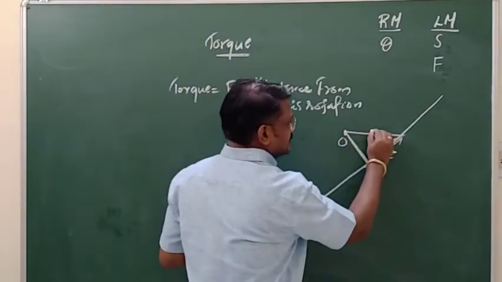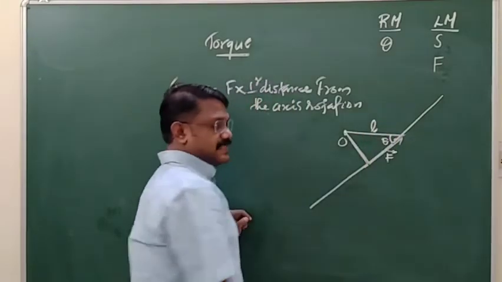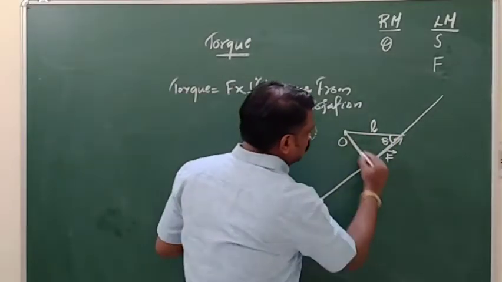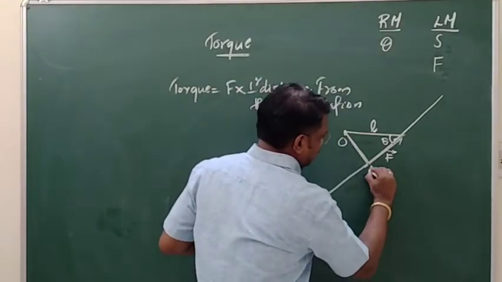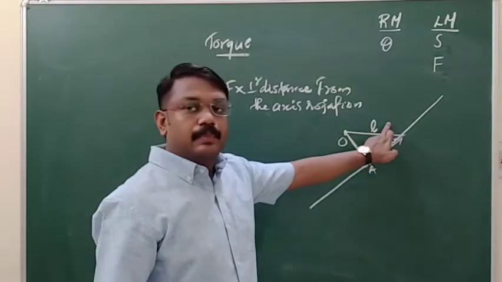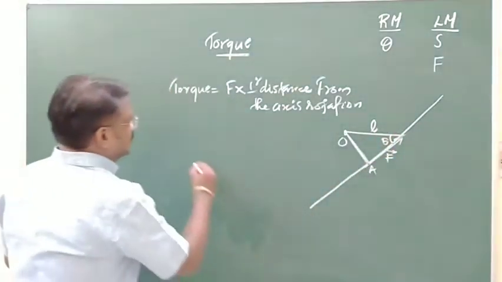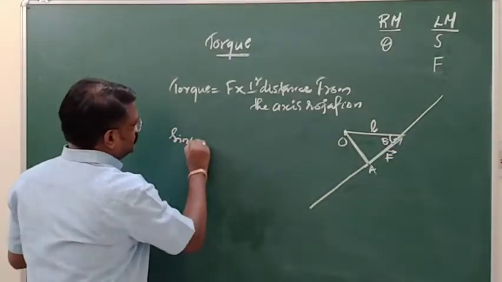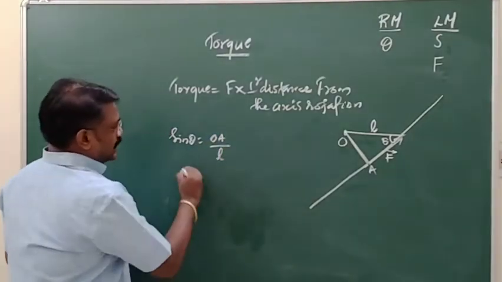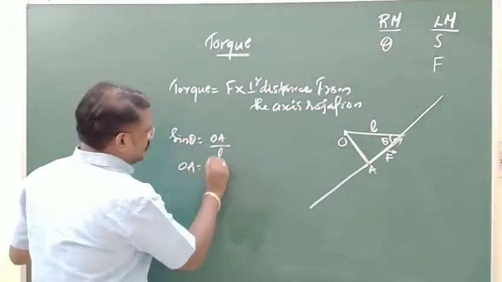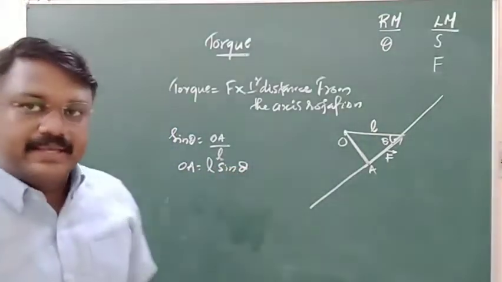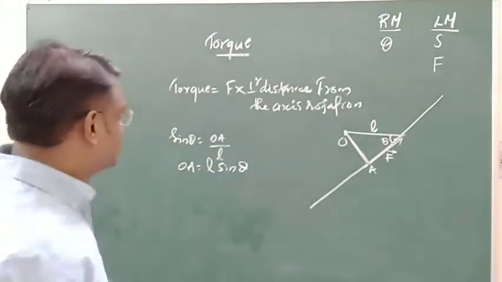Suppose the length is L, and this is point A. Sin theta is equal to OA divided by L. So OA is equal to L sin theta.